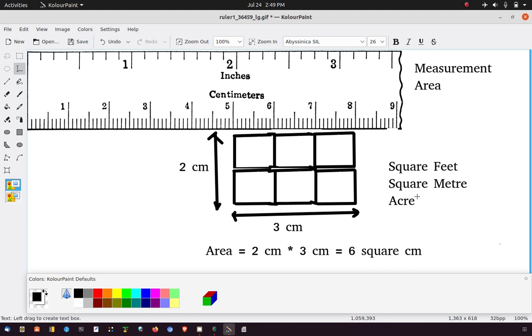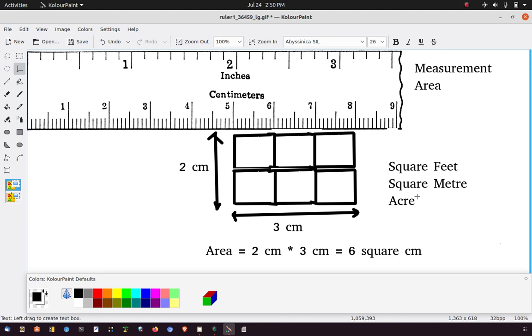You can calculate it when you have a rectangular shape by the length multiplied by the width. Common units are the centimeter square, square inch, square meter, square yard, and the acre for larger areas. That's when you're dealing with real estate or land transactions. You use the acre. All right.